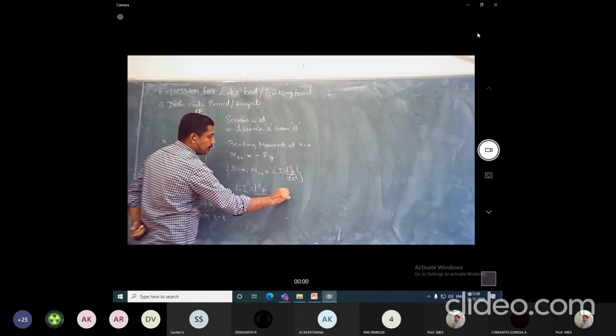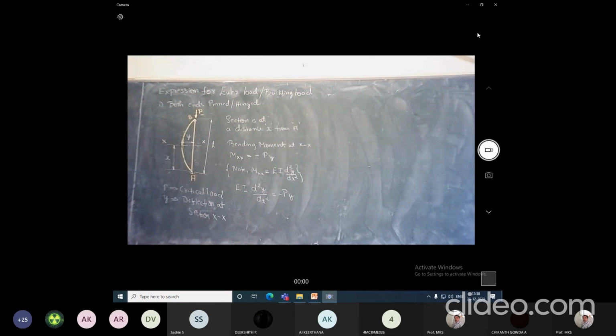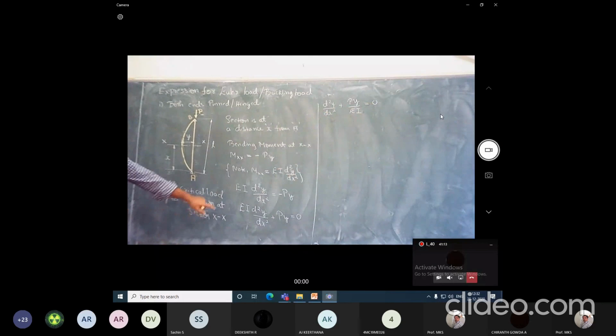Just rearrange this, equal to 0. I have just rearranged that.